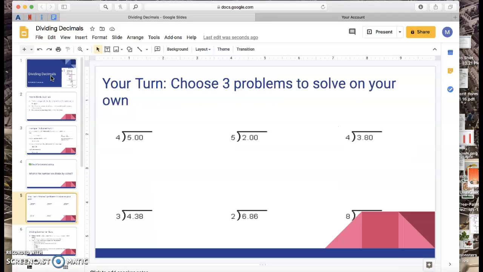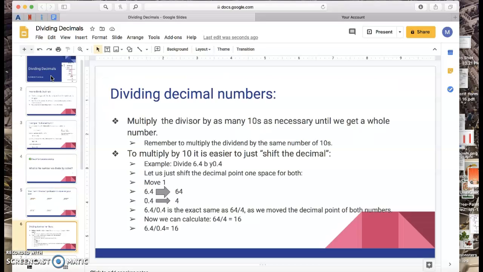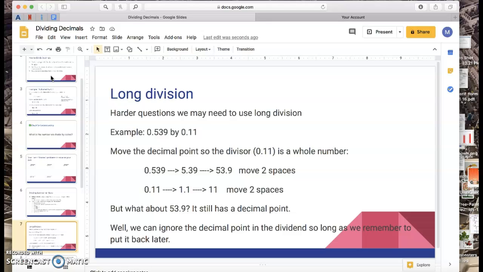And then we went through some of our own problems. And then we did dividing decimal numbers, which is a decimal by a decimal, which is a little more difficult, but it's easier to grasp and understand once you know how to divide a decimal by a regular number. Then we went into long division, which can be difficult, but once you understand the concept and learn how to grasp it, you will have no problem.